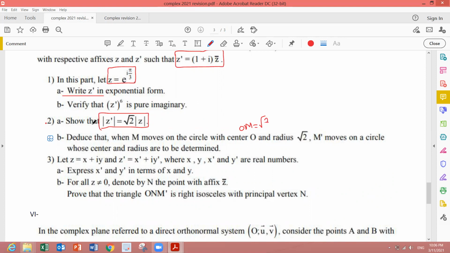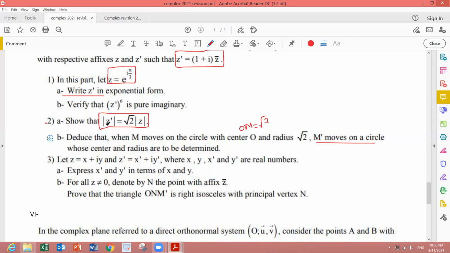Deduce, and we are going to use the previous result, that M prime moves on a circle whose center and radius are to be determined.